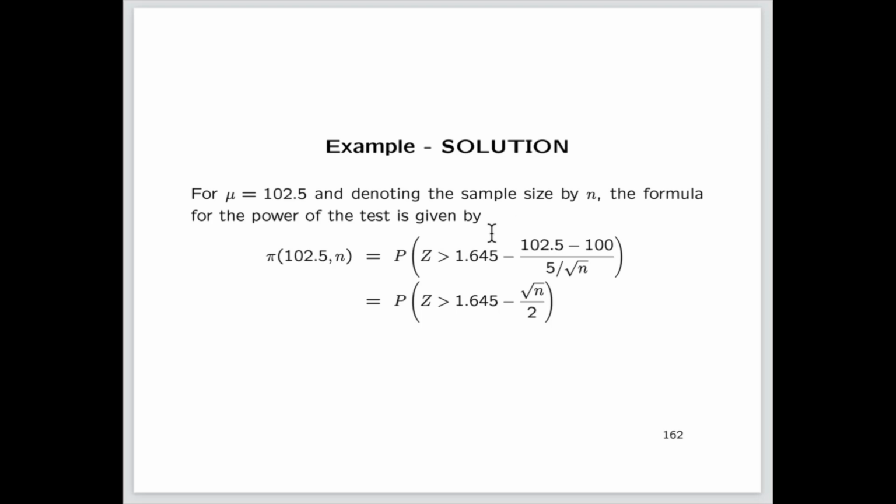All right, so you can see here that n shows up in the denominator of the denominator. And anyway, this simplifies to the probability that the standard normal random variable is greater than 1.645 minus the square root of n, and then that over 2.